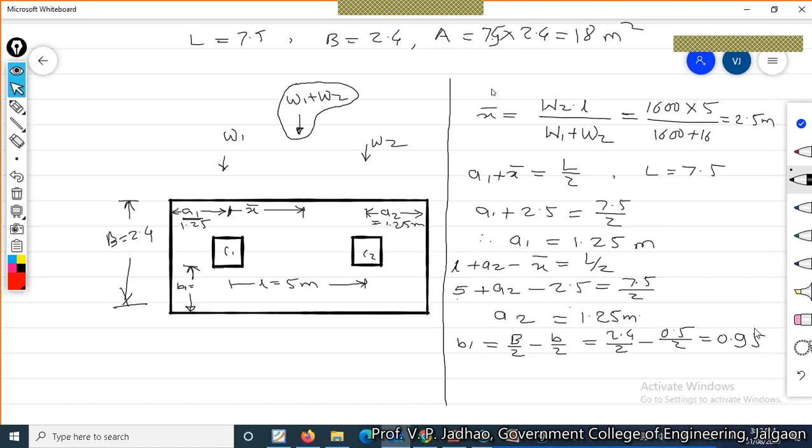So we have got this value of b1 as 0.95. Again here this will be 0.95 because the columns are linearly positioned. Therefore this is again 0.95.